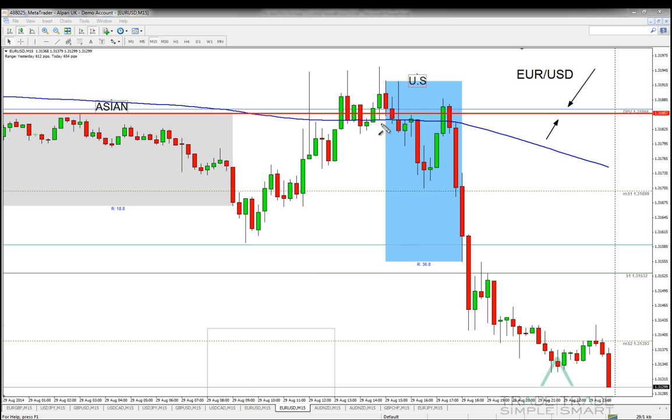We also have the 200 moving average that's trading very close to the Asian high. So in terms of the formations that you will tend to see in and around these levels, or the central pivot point, we have that M formation which takes place.